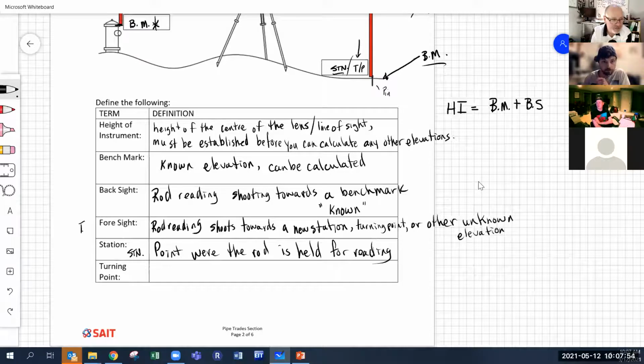So this is FS, STN, TP, BS, BM, BM, and HI.